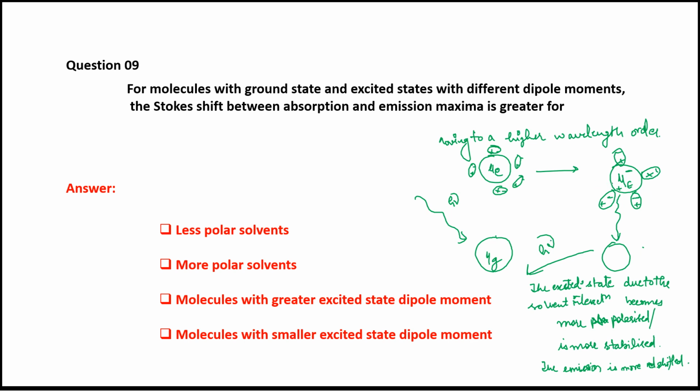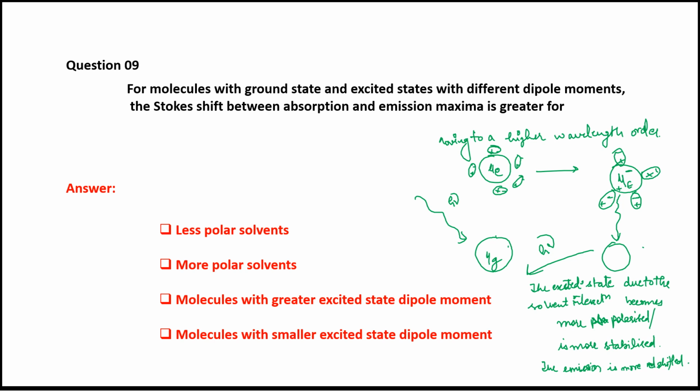Now, the only factor that affects this is polarity. The difference in the polarity of the ground state and excited state brings the change in the emission and the absorption.